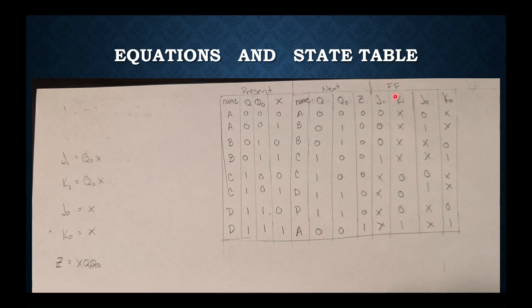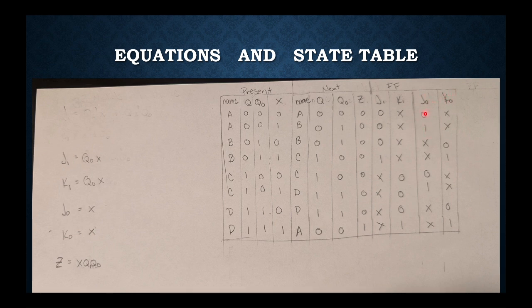And then our flip-flops, what's happening with them? So J1 is 0 until it hits this one right here, and then it's don't care after that because our K1 takes over. And then same thing kind of happens with this flip-flop.